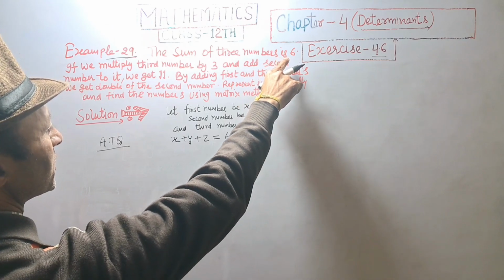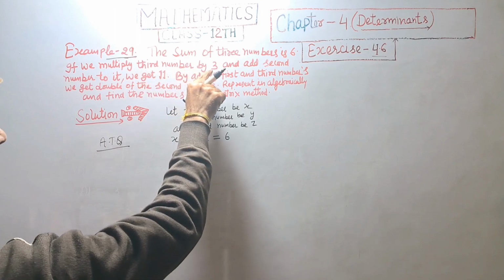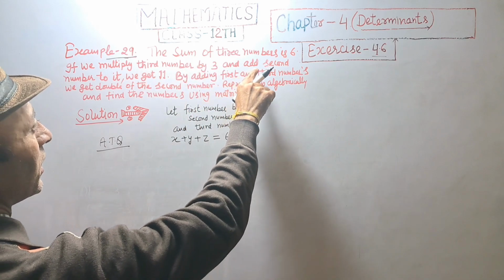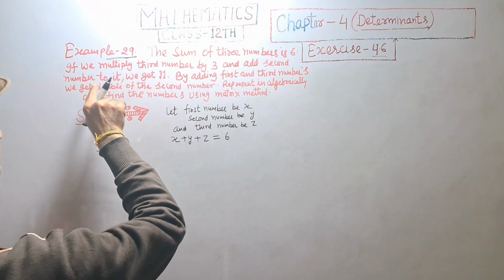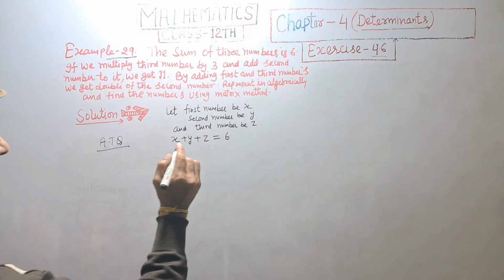It's equation number first. And if we multiply the third number by 3 and add the second number to it, we get 11.